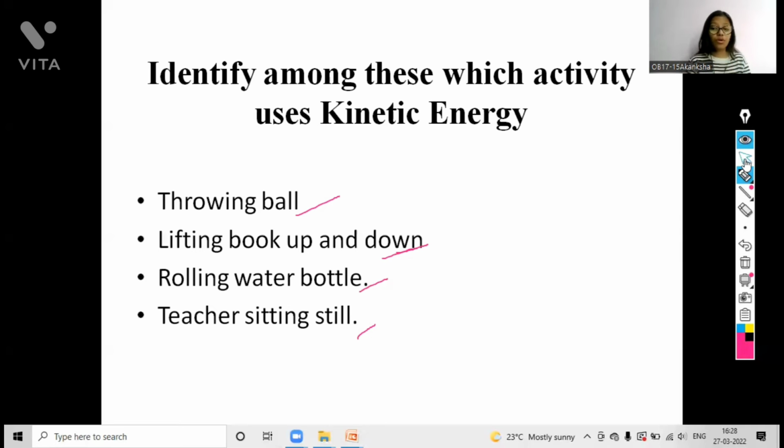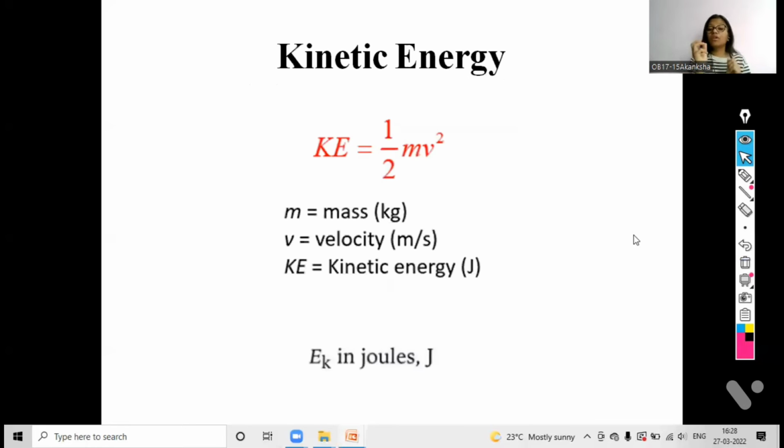I hope you got it. Now we will move on ahead. Coming to the formula, the second point that we discussed about kinetic energy. How can we deduce the formula, what is actually the formula of kinetic energy?